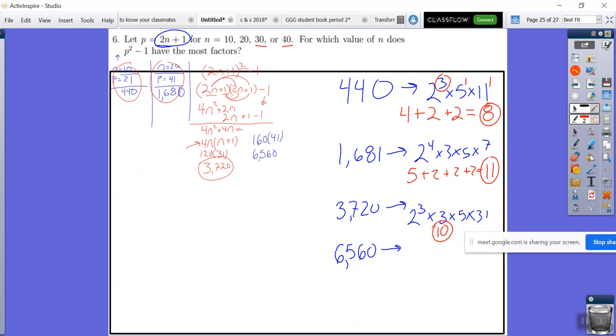All right, what about 6,560? What is the prime factorization of that one? Can you say it again? 2 to the 5th times 5 times 41.